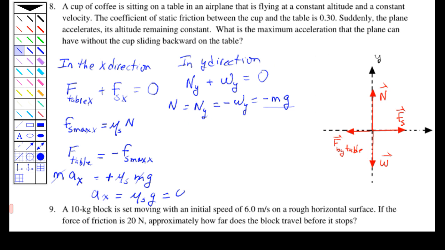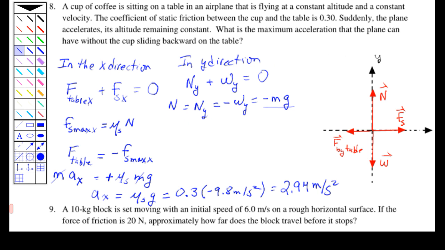And we can plug in these numbers. We're given the coefficient of static friction is 0.3, and the acceleration due to gravity is negative 9.8 meters per second squared. Plugging these numbers into your calculator, we get 2.94 meters per second squared.